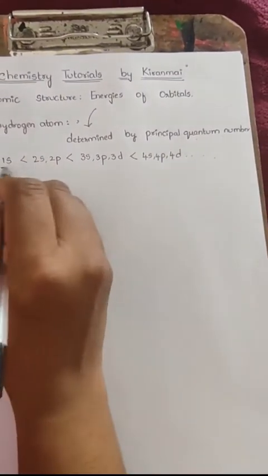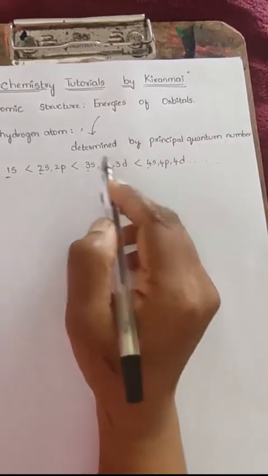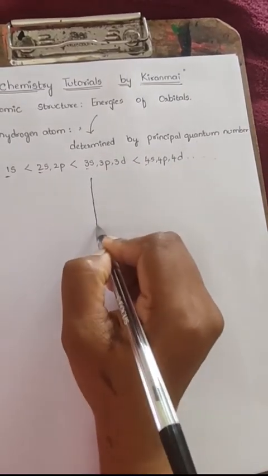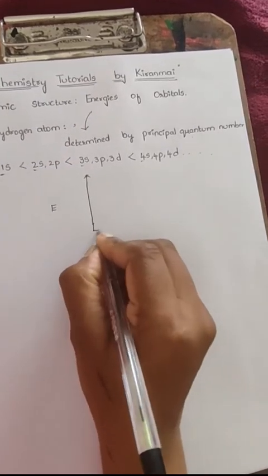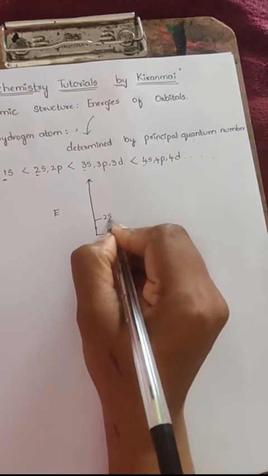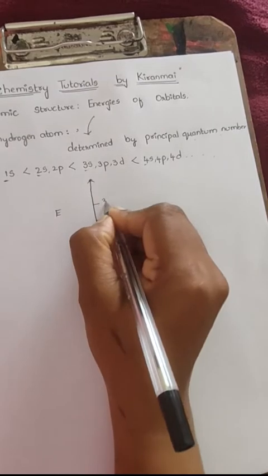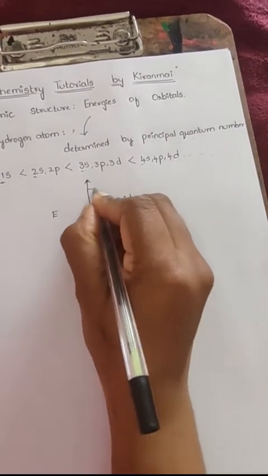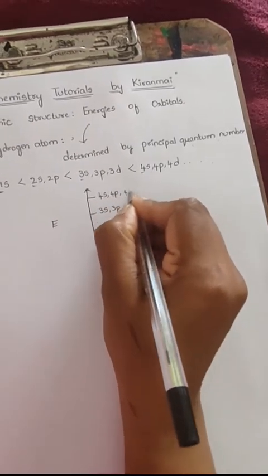So if we take a line showing the increase in energy, 1s orbital will have the least energy when compared to 2s, 2p orbitals, which have less energy when compared to 3s, 3p, 3d orbitals, which is less than 4s, 4p, 4d orbitals.